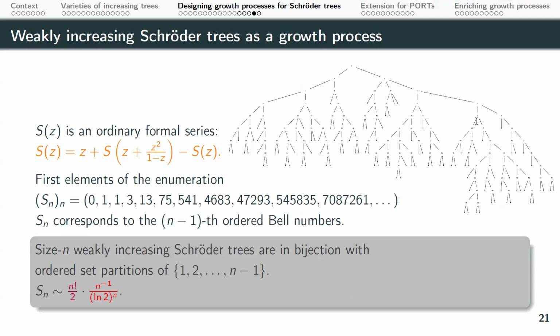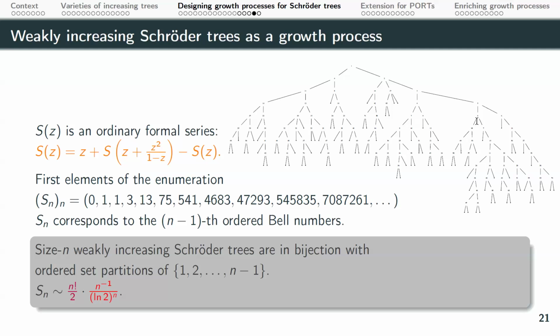Because here you have an ordered set partition of size n-1, and so here you should have (n-1) factorial, so I divided by this. Oh, could you please repeat the question?